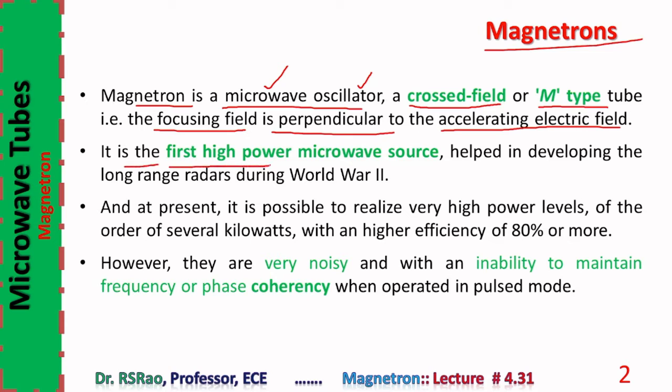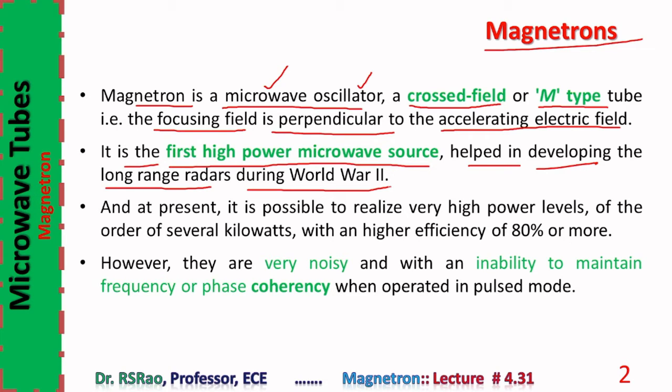It is the first high power microwave source, which helped in developing long range radars during World War II. The range of a radar depends upon the power that it radiates. High power microwave sources are capable of delivering higher powers.